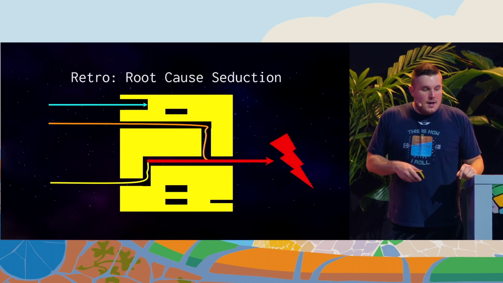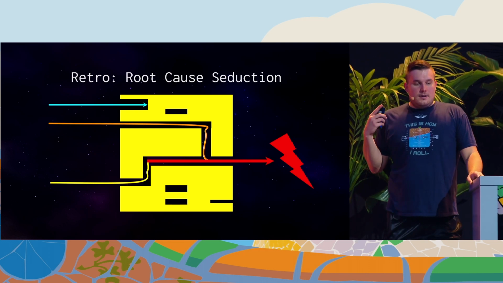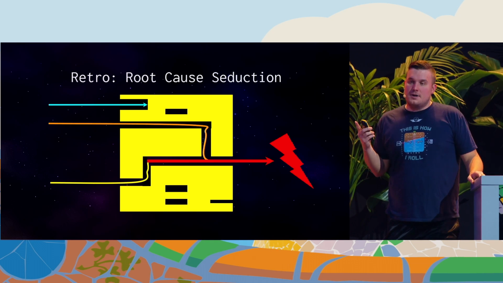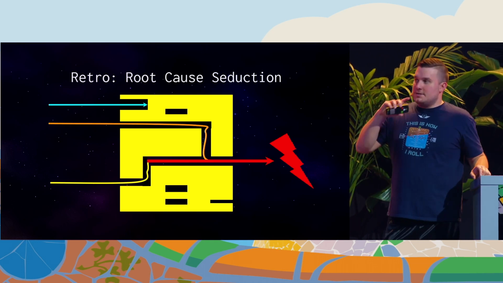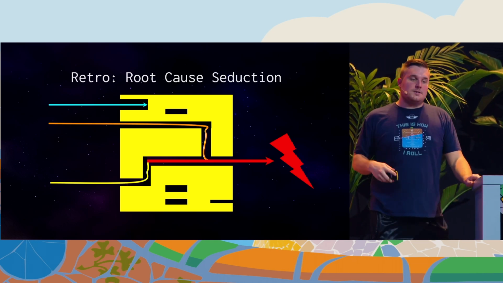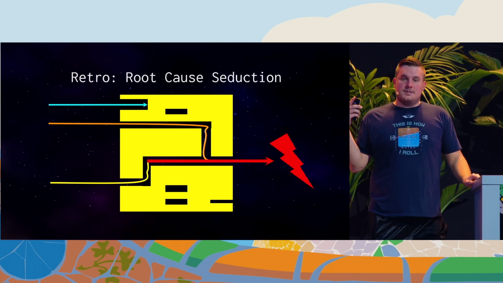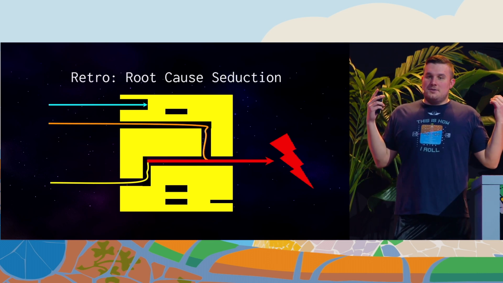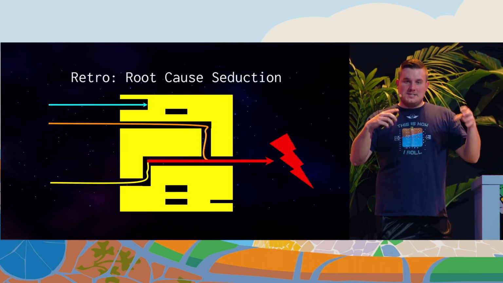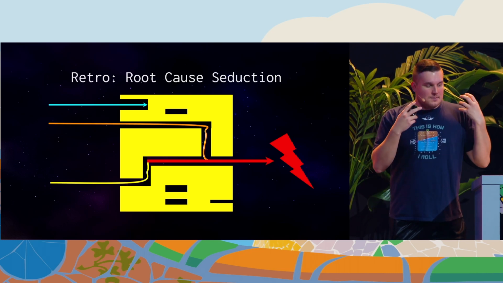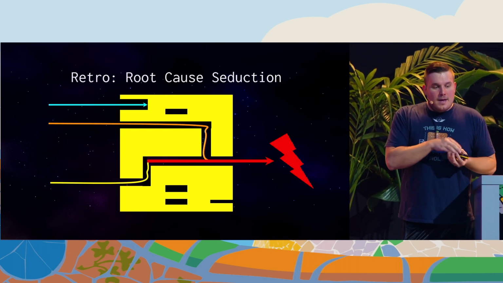So one thing to be wary of when you're doing a retrospective is root cause seduction. For example, a plane might crash because the engine quit, and you might think, oh, the problem is that the engine quit. So you do a deep dive into how exactly the engine failed, and you make recommendations that fix the engine and make them less likely to fail.